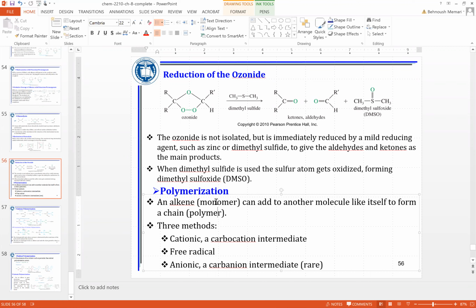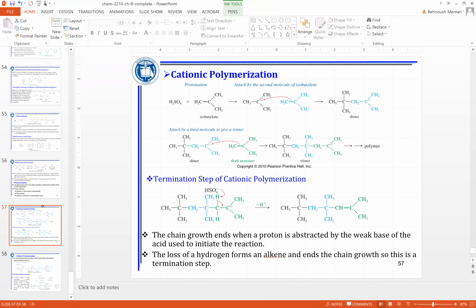The mechanism of the reaction could be acid catalyzed, and you get a cation, or you could start with a free radical, or an anion, a carbanion intermediate, which is not very popular. But regardless of the mechanism for the reaction, the polymer is basically a repeating of the monomer unit.